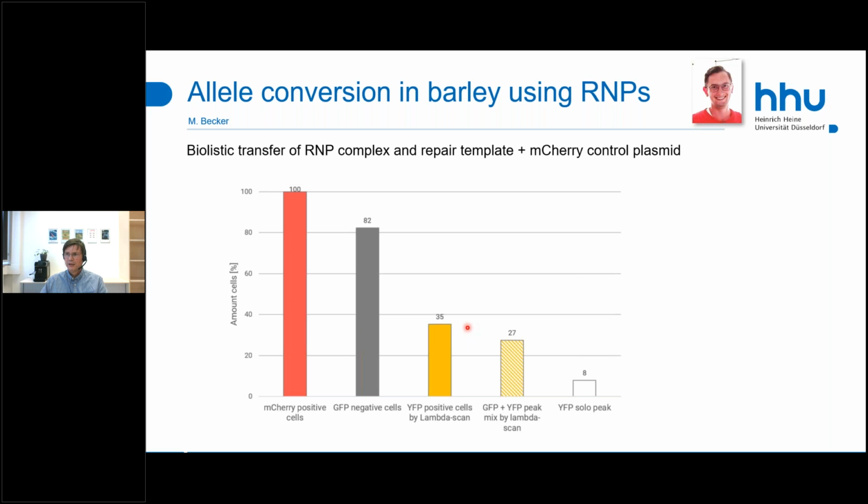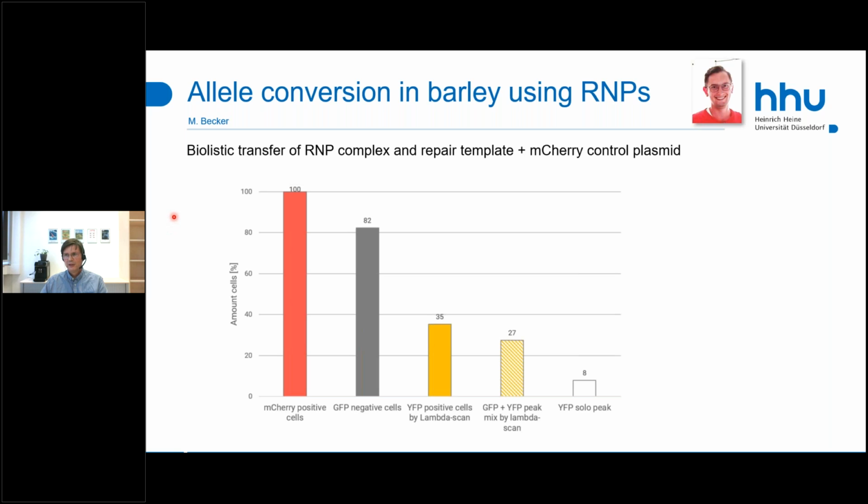And if we then quantify this, we usually use a co-transformed mCherry plasmid as a control in order to normalize our data, because we used, as I told, GFP fluorescence. And of course, by the bombardment per se, we can also get non-functional cells.